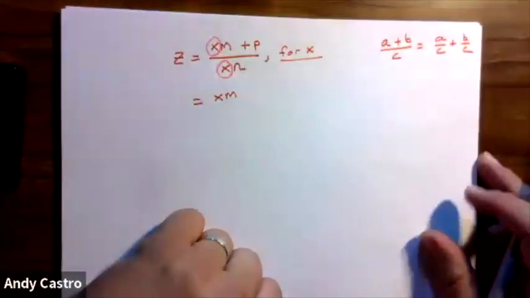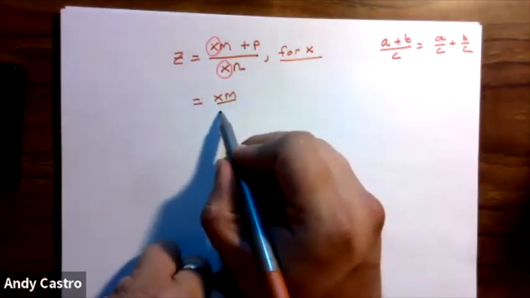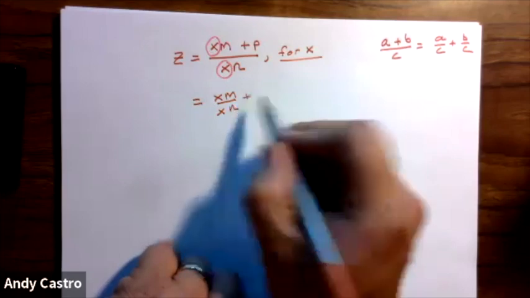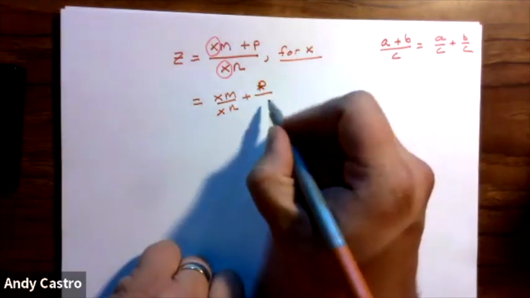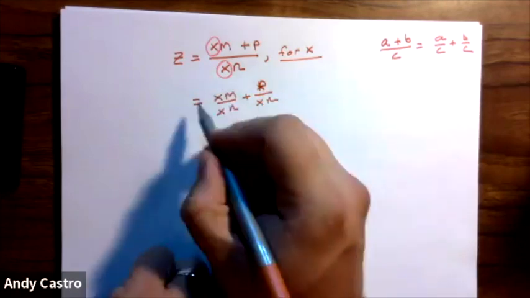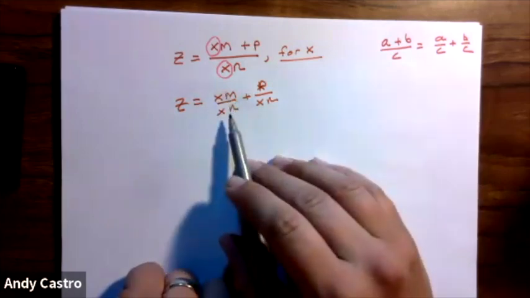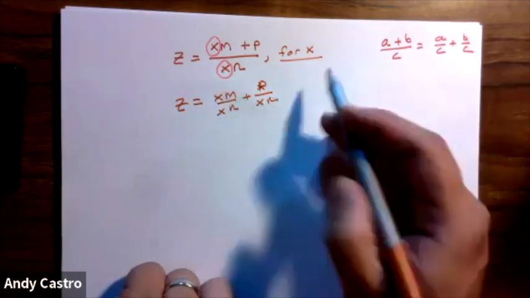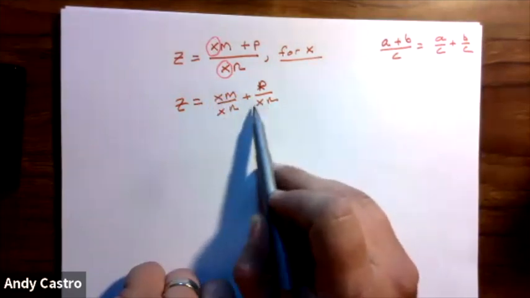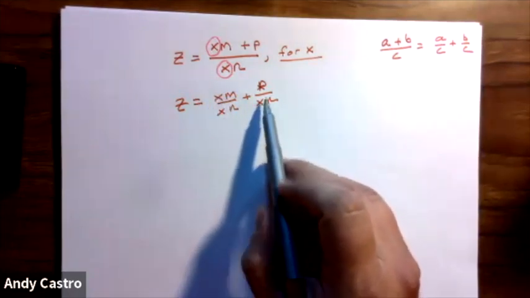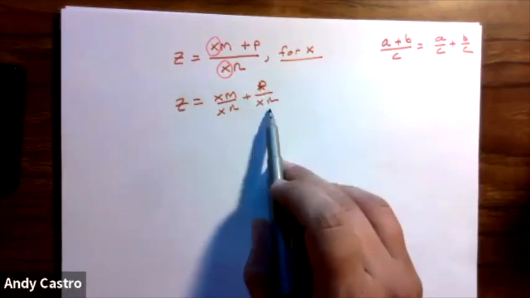Meaning this is xm over xn plus p over xn. I could do that if I wanted to and cancel the x's here and be left with one x. You can do it that way, but I did this to show you that you can't just subtract p.